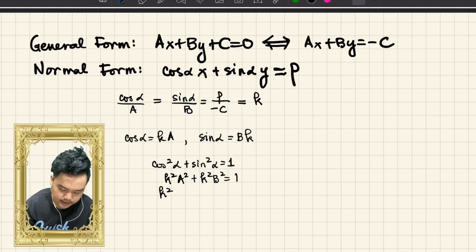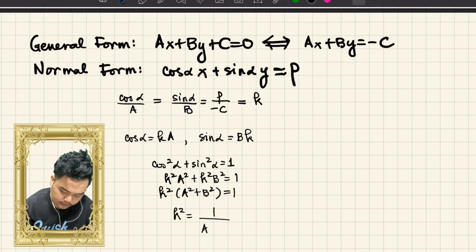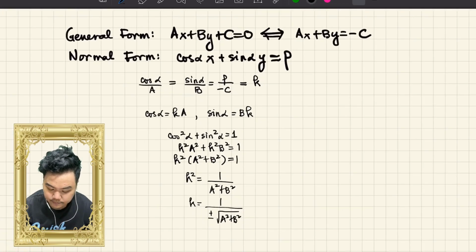So, k square ay a square plus b square equal to 1. So, magiging k square equal to 1 over a square plus b square. So, pag kinuha mo yung k, you have two choices. It's either plus minus square root of a square plus b square. So, isa lang dyan ang sagot.